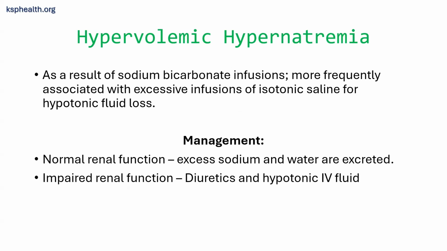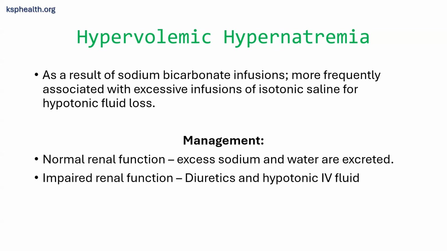The third category is hypervolemic hypernatremia. It often happens because of sodium bicarbonate infusions and excessive infusion of isotonic saline for hypotonic fluid loss. We tend to see it in patients with DKA because we tend to give 1.5 to 2 times maintenance with normal saline.